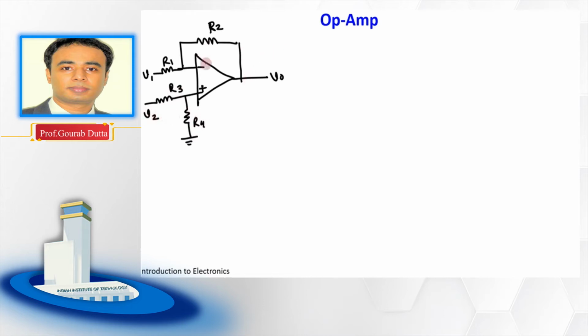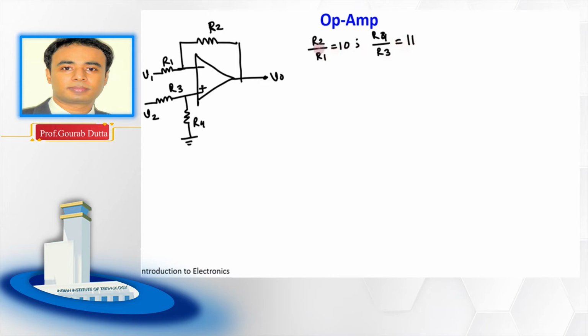In the earlier case we have seen that the output voltage will be equal to 0 if V1 equals V2 and R2 by R1 is equal to R4 by R3, if that condition is satisfied. But for this particular case we are intentionally assuming that R2 by R1 is equal to 10 and R4 by R3 is 11.